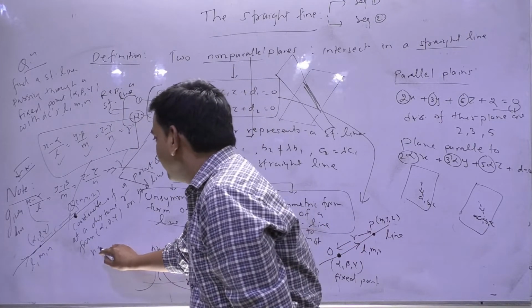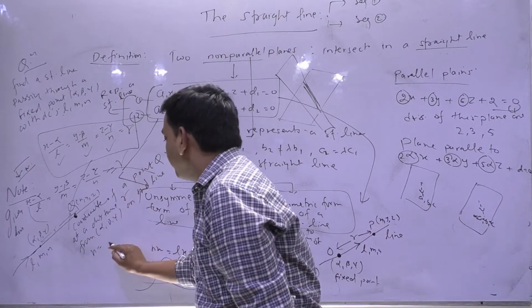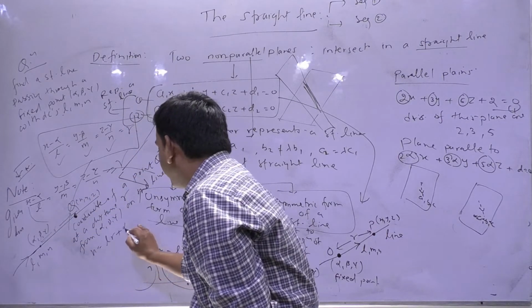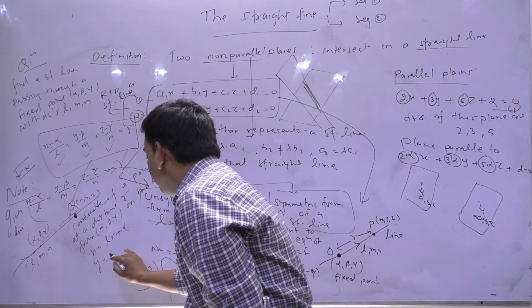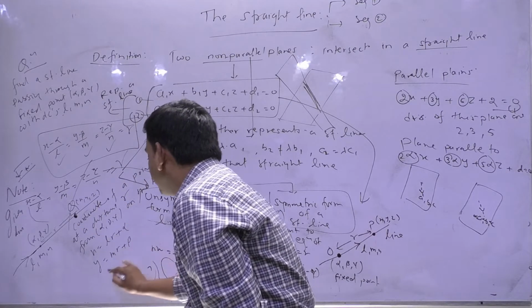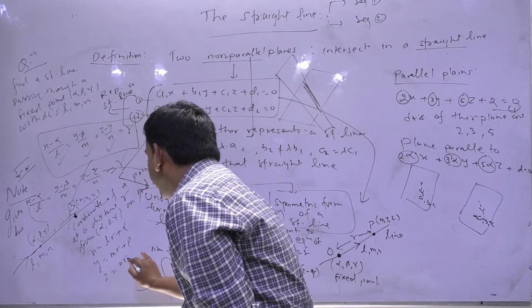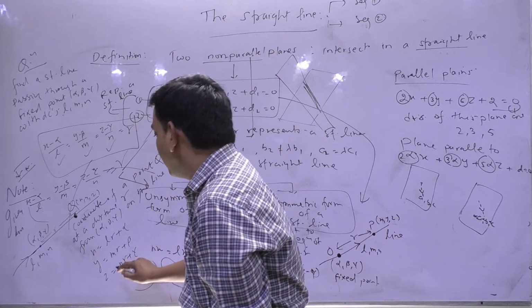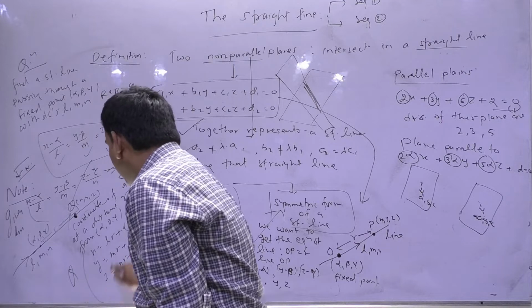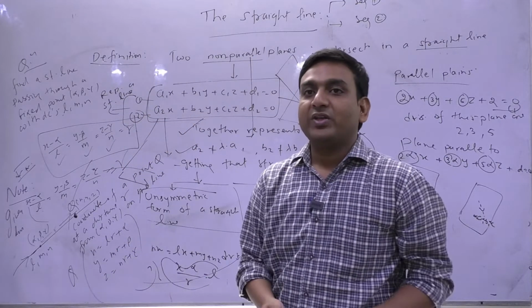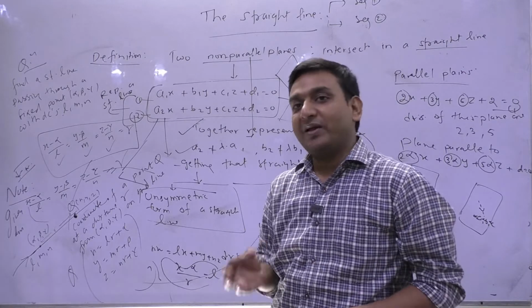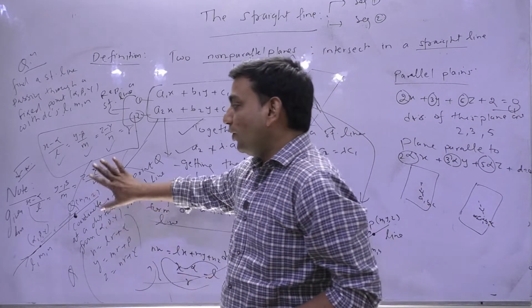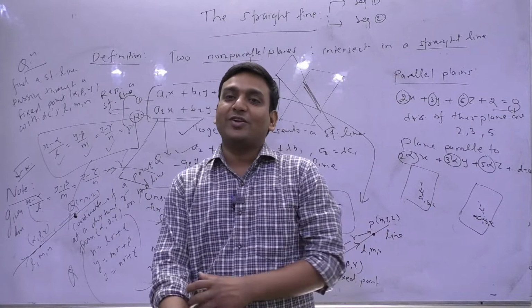So x का वैल्यू क्या हो जाएगा? l into r plus alpha. y का वैल्यू will be m into r plus beta. z का वैल्यू n into r plus gamma. So Q point will be with the coordinates x, y, z as lr plus alpha, mr plus beta, nr plus gamma. Very important notation for this chapter.